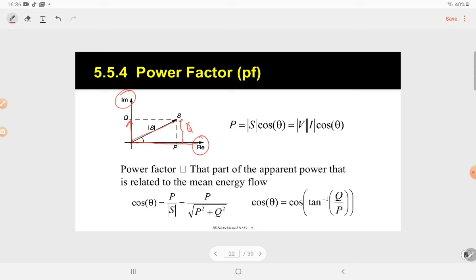So we can say that P, real power, is equal to the magnitude of apparent power times cos theta, and apparent power is given by V and I over here, right? So the power factor is the part of the apparent power that is related to the mean energy flow. You can find cos theta from this formula: cos theta is P divided by modulus S. And we know that S, by using the Pythagorean theorem, is the square root of P squared plus Q squared, right?